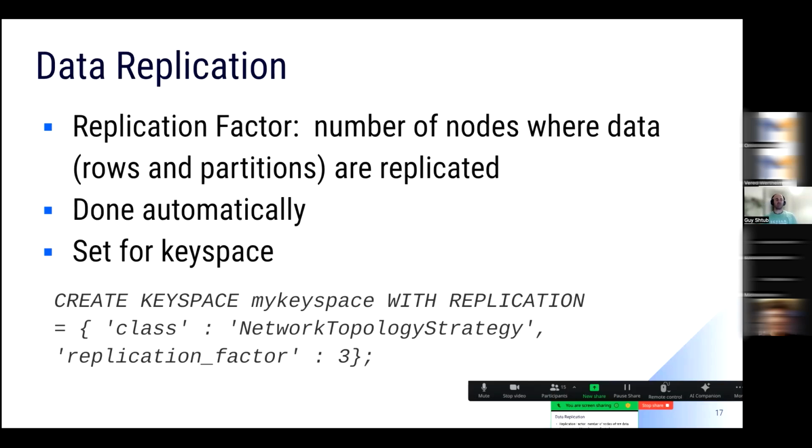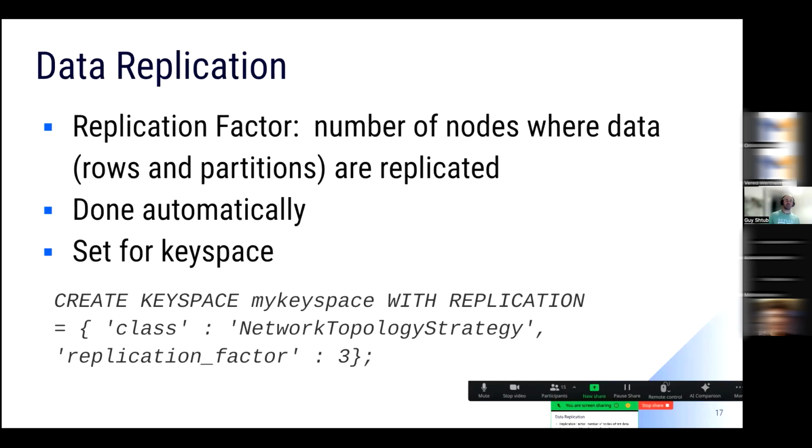However, the number of nodes where data are replicated is determined by something called the replication factor, also abbreviated as RF. Okay, this is quite important. The replication factor is set per keyspace. A keyspace is a container of tables.